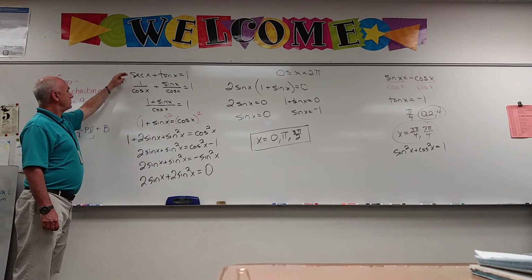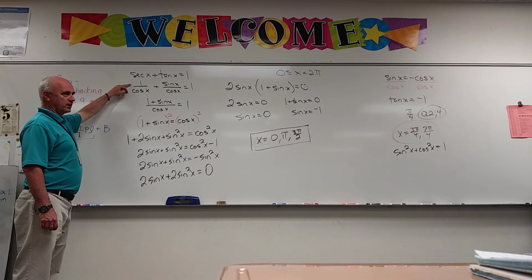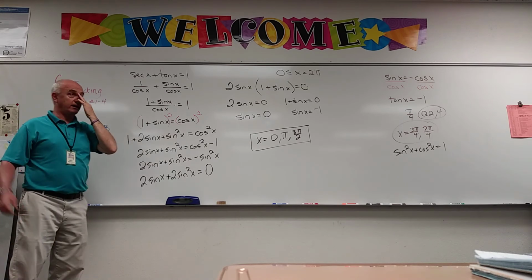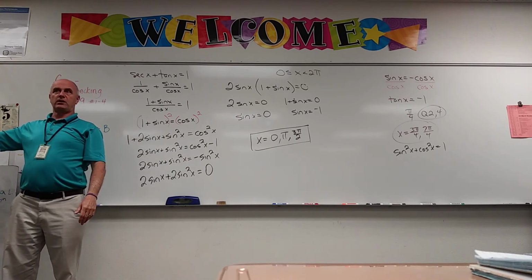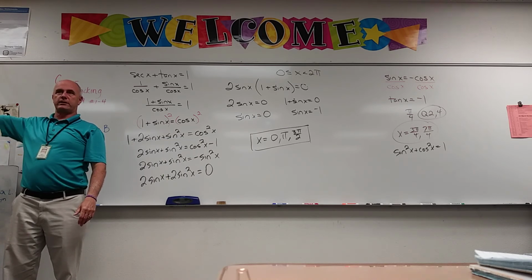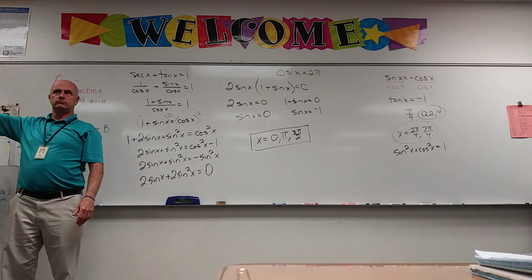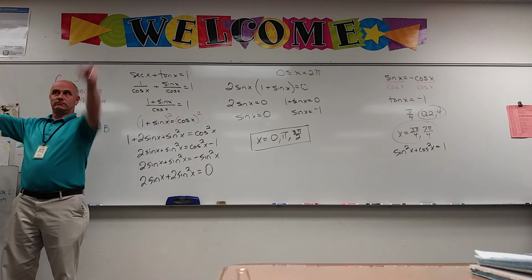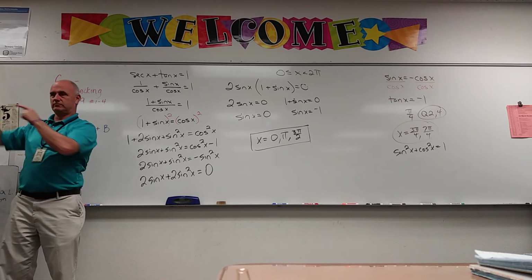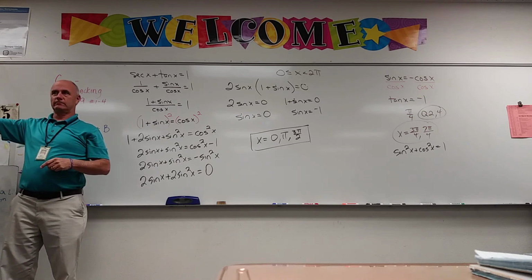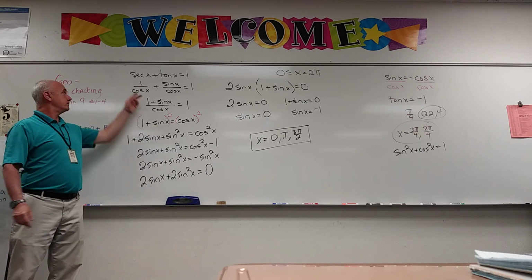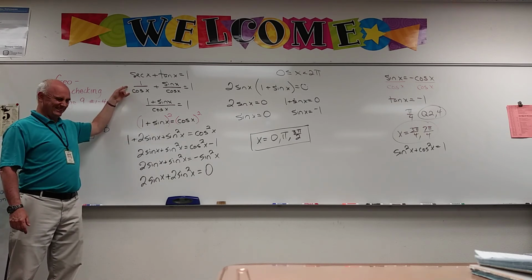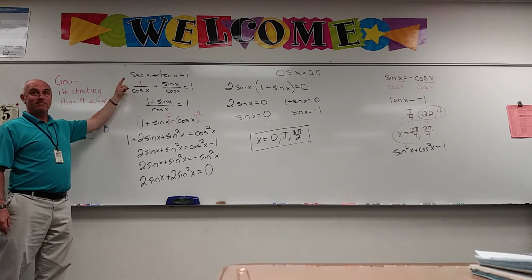Pi. So secant of pi is the reciprocal of the cosine of pi. What's the cosine of pi? Remember that cosine is the x coordinate. So what's the x coordinate out here at pi? -1. What's the reciprocal of -1? -1.